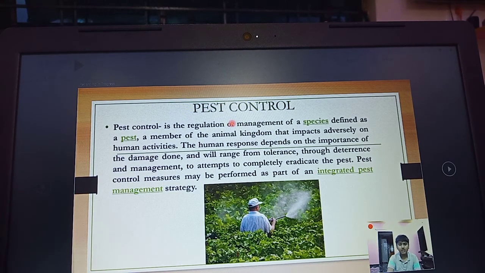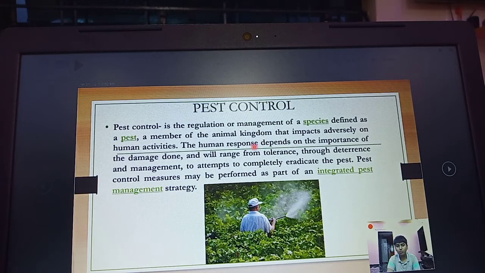Now pests. Now a pest is an organism that is not that useful for the crop. Now pest control is the regulation or management of a species defined as a pest. A pest is a member of the animal kingdom that impacts adversely on human activities.